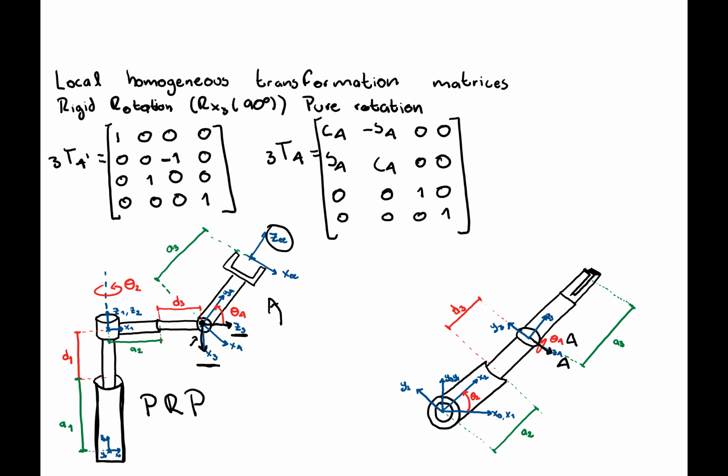So now, in fact, this is a negative rotation because if we align Z4 with the Z end effector, then the rotation is negative because, let's say the thumb is pointing in this direction if we rotate negatively. So if we align them, then the rotation is going to be in that direction. Okay.